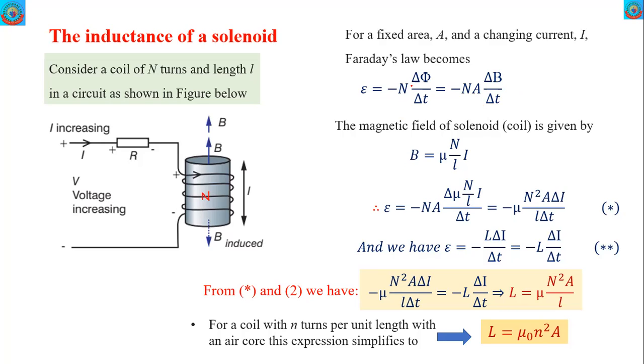we have minus n delta pi over delta t, which is equal to na delta b over delta t.